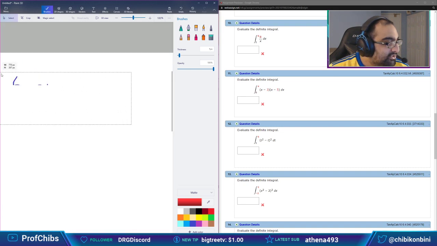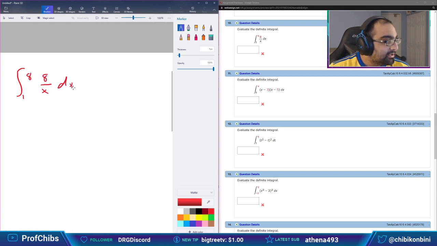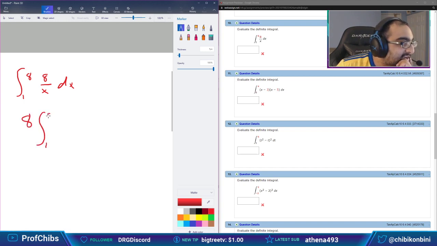I think I know what's going on, but anyway, I think I'll have to do that off screen though. We're doing the integral here from 1 to 8 of 8 over x dx. Okay, so let's recall here one important thing. This 8 here is a constant. We can bring that out here on the outside. That's the integral from 1 to 8 of 1 over x dx.